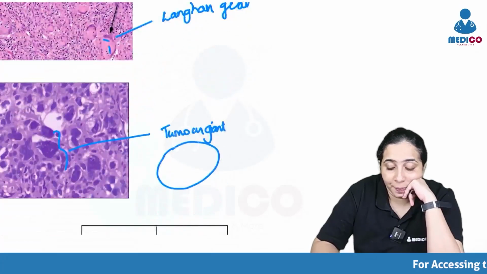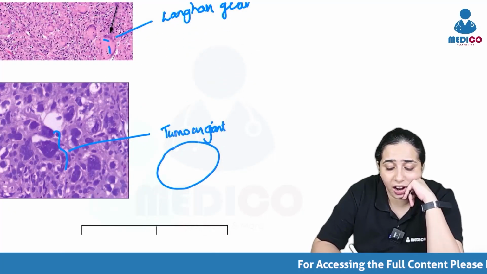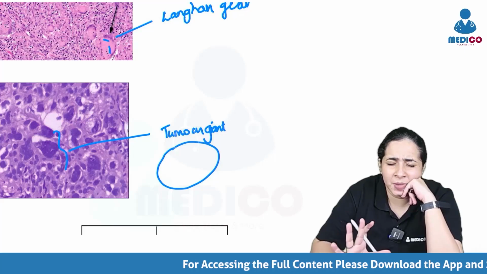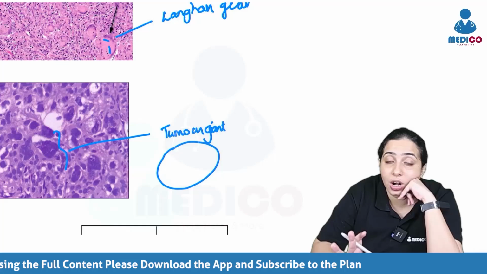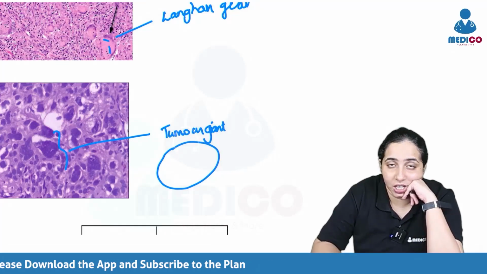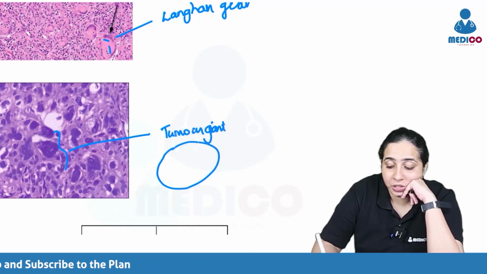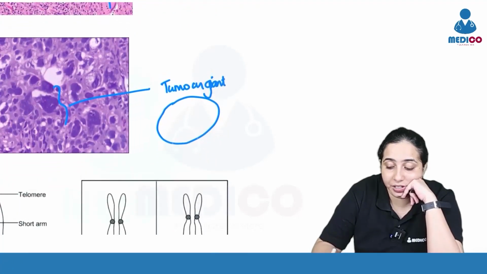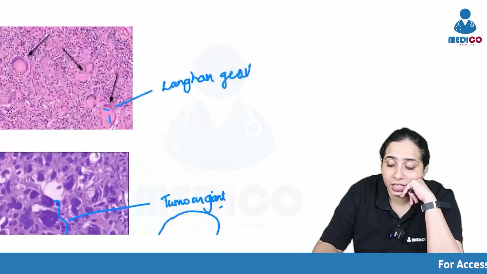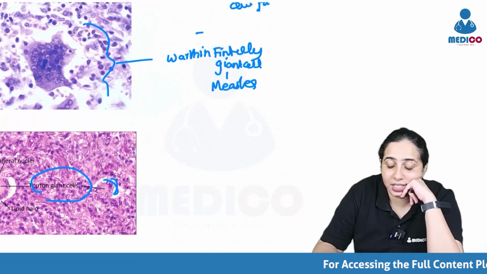But here, you have a large cell with extremely hyperchromatic nuclei, and the individual nuclei are all different from one another. That is, they are pleomorphic. So that is a type of giant cell that you see in a tumor, and it is called tumor giant cell.